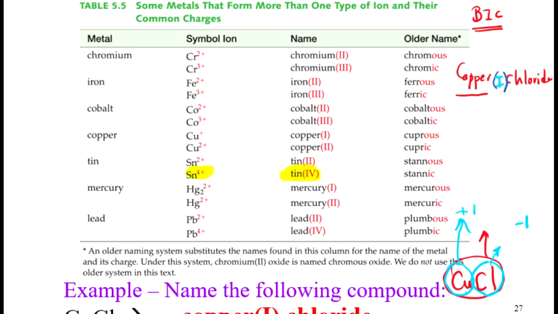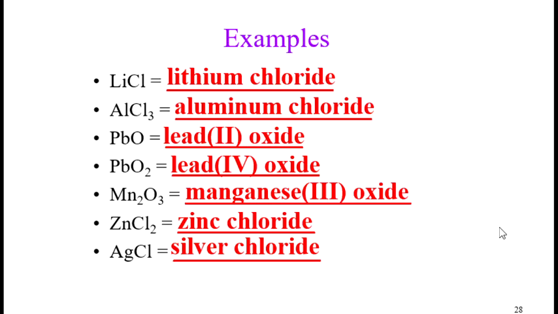The reason is that for ionic compounds, total positive charge is equal to total negative charge. So whenever you have a transition metal, please look at the non-metal. What is the charge for this? You just need to write that as a positive for your compound.